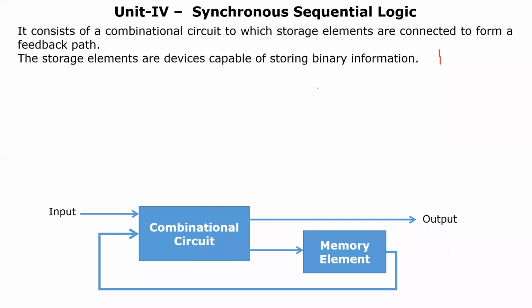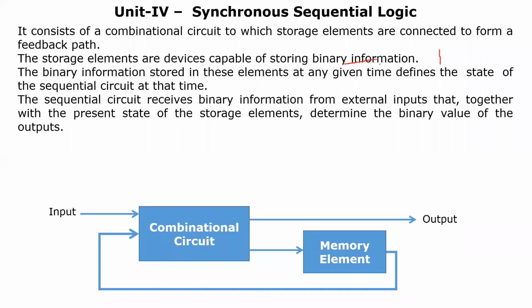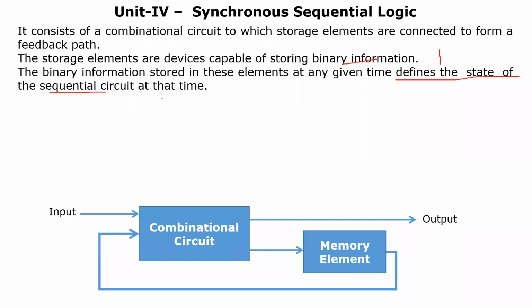Flipping in the sense the original form, flopping in the sense the complementary form. This binary information, which is available at the output of the memory element, defines the state of the next output of the sequential circuit. So that is what I discussed just before.